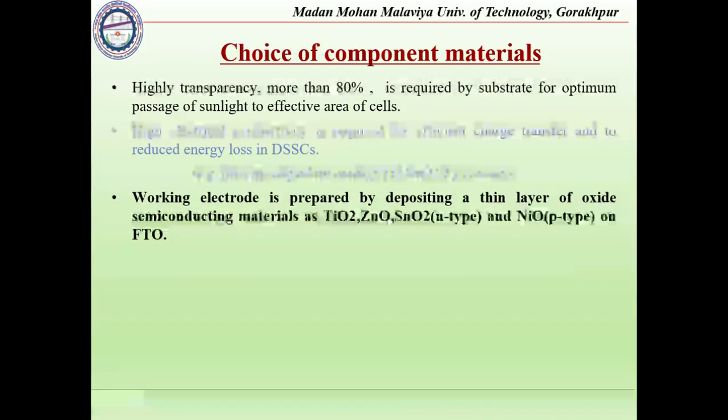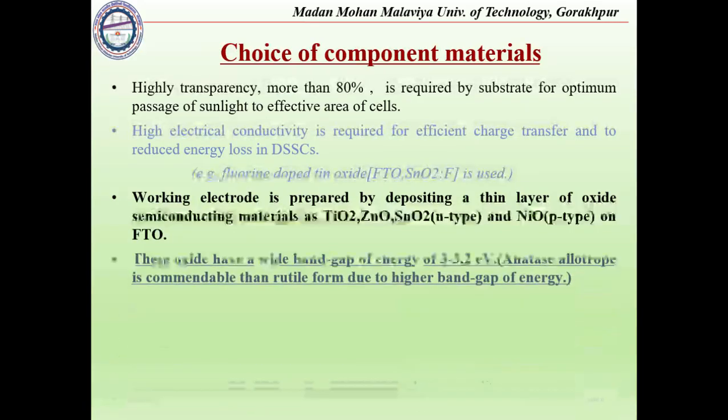Nowadays we use titanium dioxide, zinc oxide, SnO2 and other p-type materials on fluorine tin oxide as a substrate material. The basic property of all these oxide or metal oxide materials is called the window layer. The basic requirement for the window layer is that the oxide should have a wide band gap of about 3 to 3.2 electron volts.